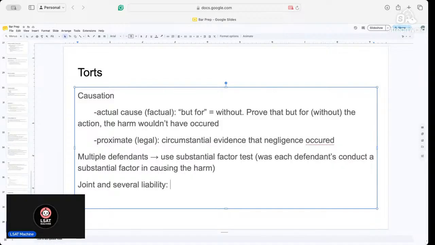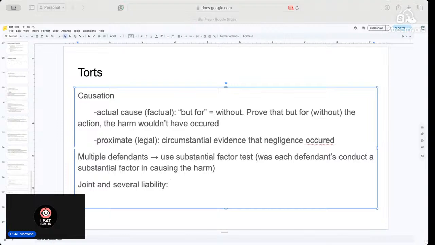But if there's multiple people responsible, then the plaintiff can collect all of the judgment money from one person, or they can split it apart. So they can hold everyone jointly responsible, or they can hold you separately, or severally, responsible for the whole amount. But now that's considered unfair, and most states don't do that, if I am right.